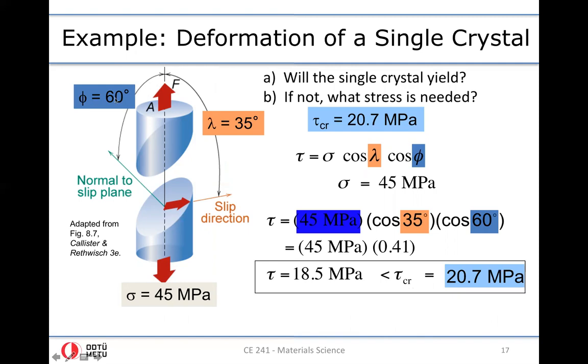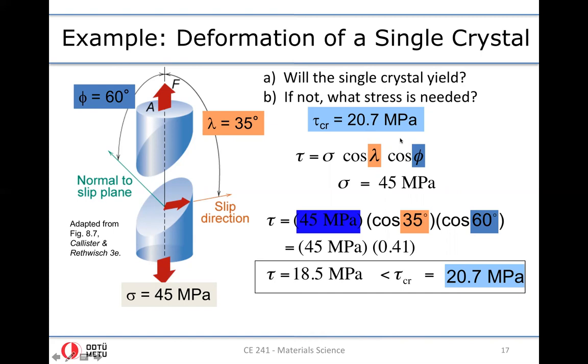In other words, phi is equal to 60 degrees and lambda is equal to 35 degrees, consistent with the definitions we had in the preceding slides. So the question is, if the critical resolved shear stress is given to be 22.7 megapascals, will this single crystal yield?